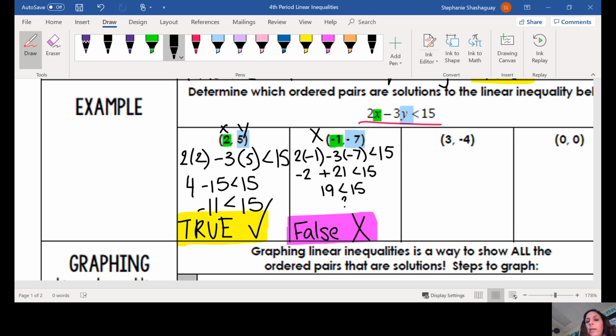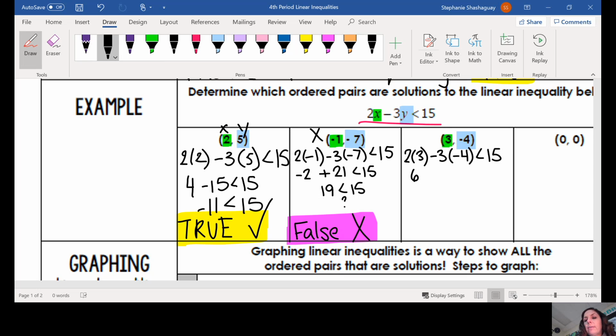And then we have 3 and negative 4. Again, I'm going to take my x value and my y value, and I'm going to plug it in for my x and y variables in the equation. So instead of 2x, I'm going to have 2 multiplied by 3 minus 3 multiplied by negative 4. Is that less than 15? Well, 2 times 3 is 6.